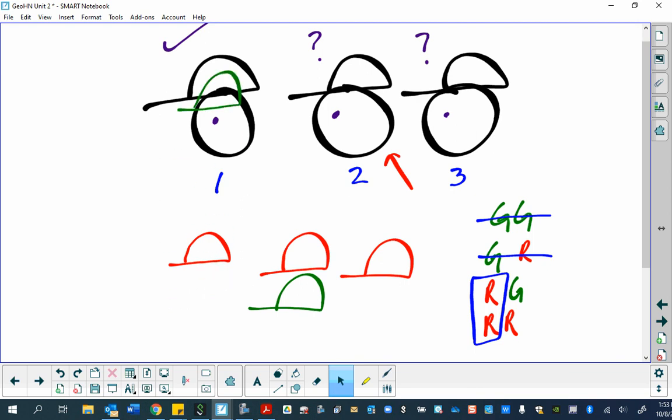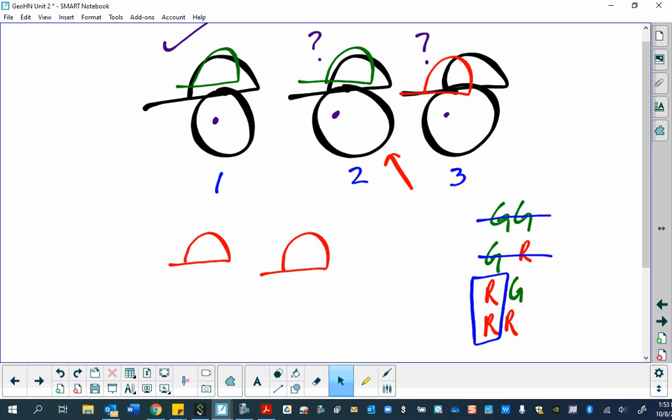If these were both green, this guy would know he has red. But that's not the case. Which means that one of these guys either has one green, one red, because remember, it's not green, green.